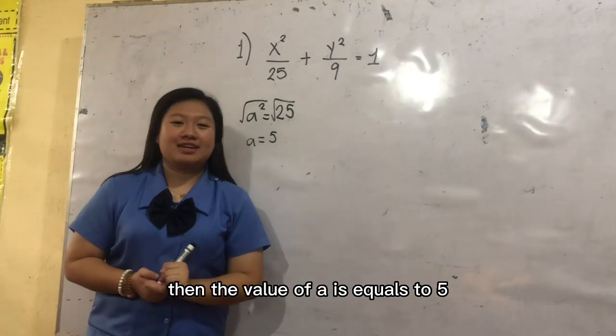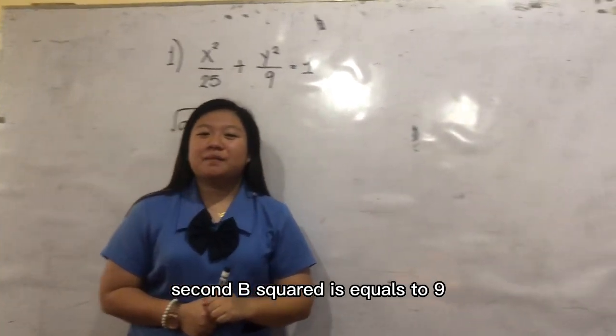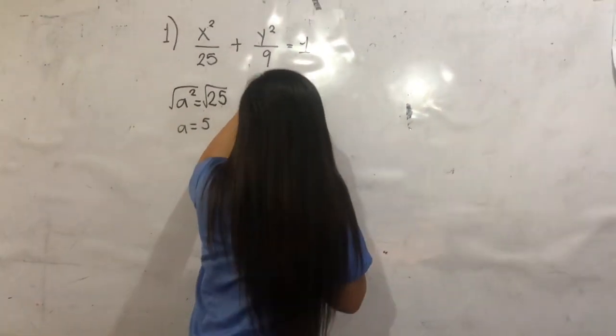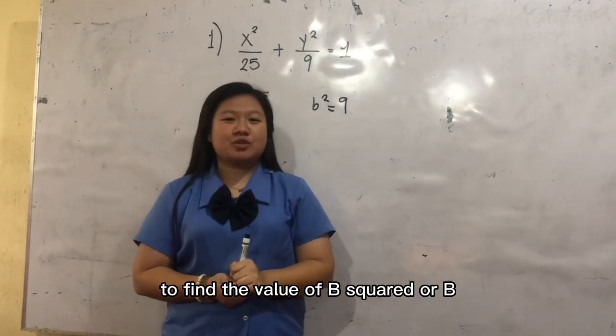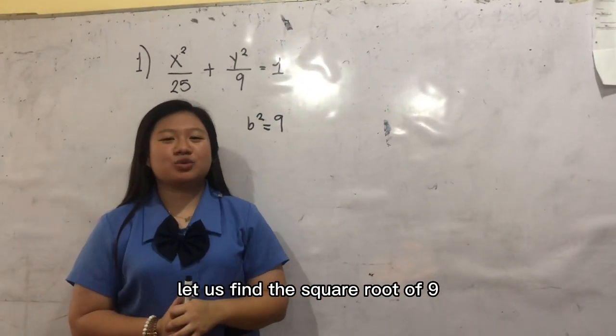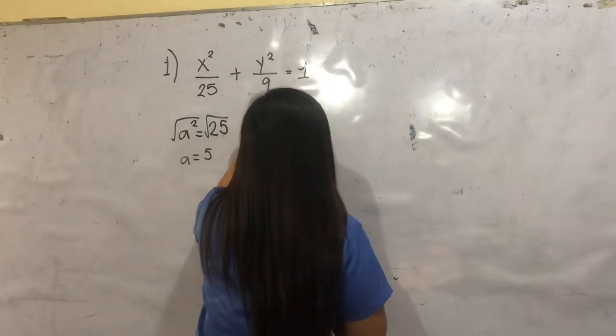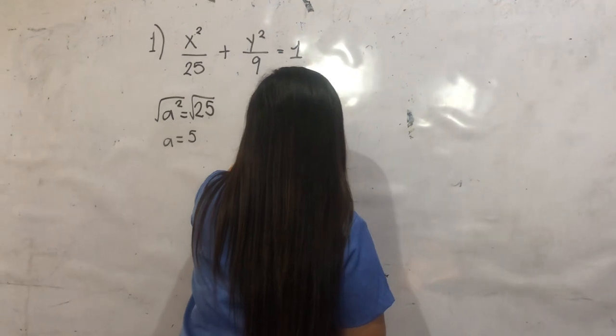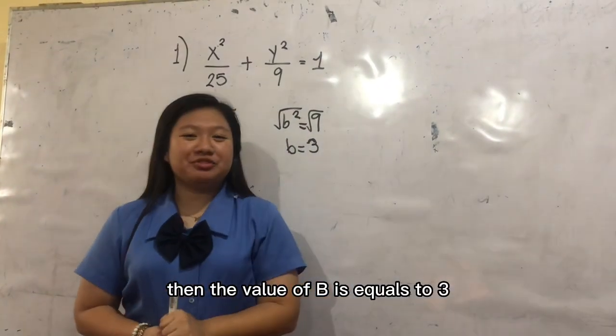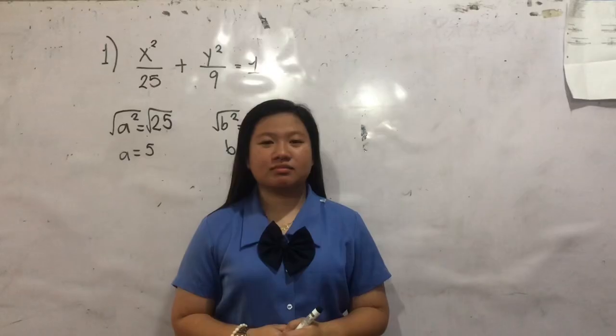Then the value of a is equal to 5. Second, b squared is equal to 9. To find the value of b, let us find the square root of 9. Then, the value of b is equal to 3.